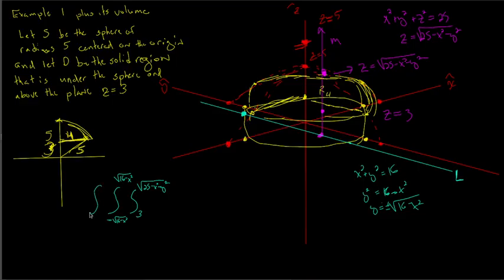And then our x values are going to go from negative 4 to positive 4, because that's the radial sides of this. And so we now have an integral over that solid region D, formed by this sphere cut off at the plane of z equals 3.